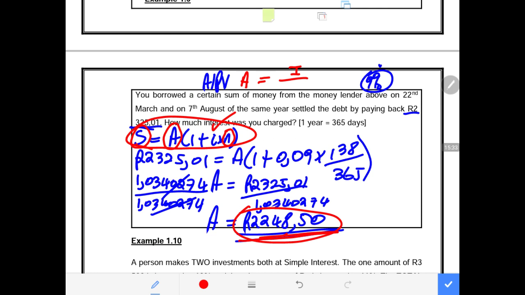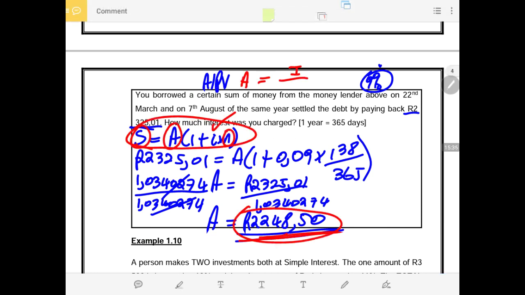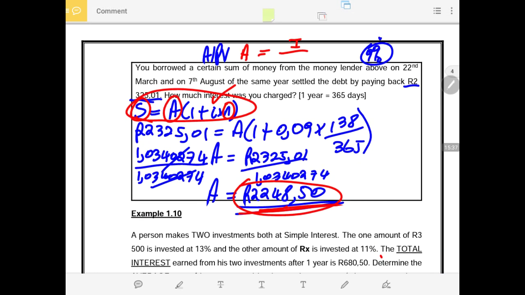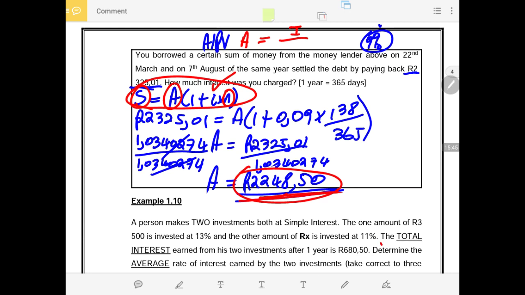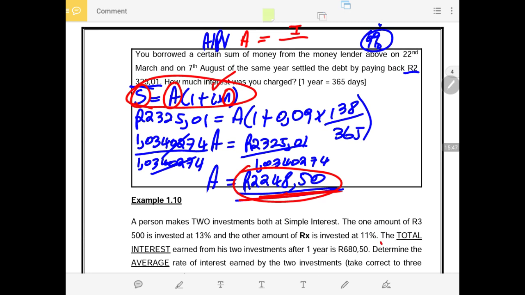So now we can calculate the interest rate, the interest that was charged for this investment. Then it is very clear it's not the interest percentage that we're looking for, it is the interest amount.